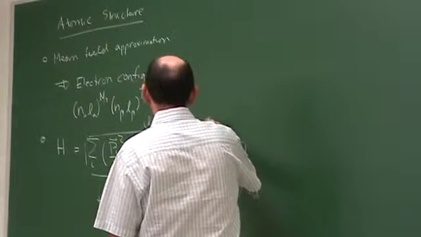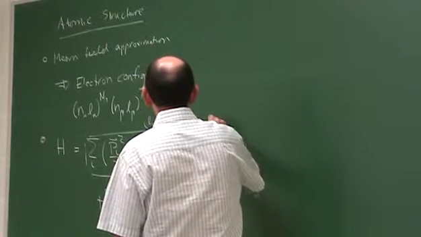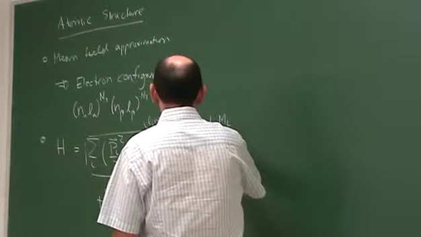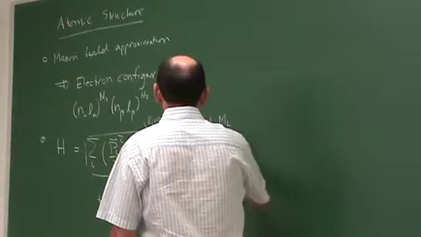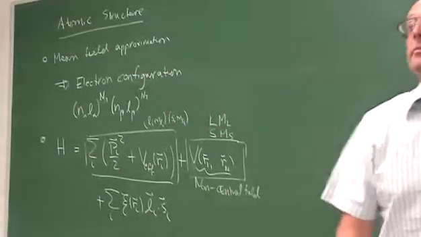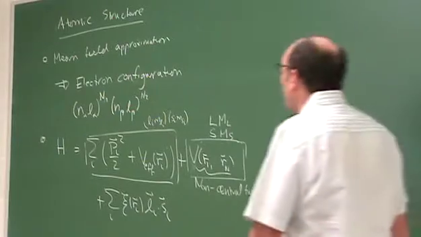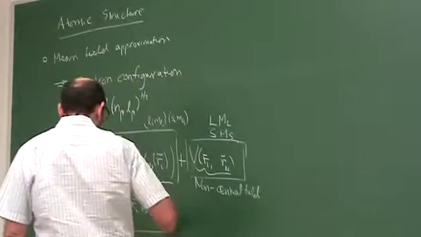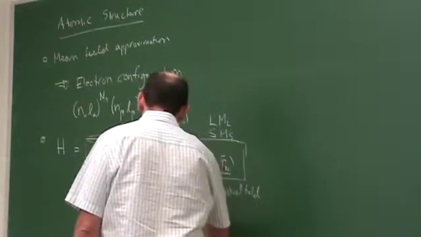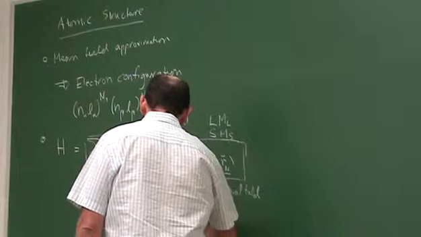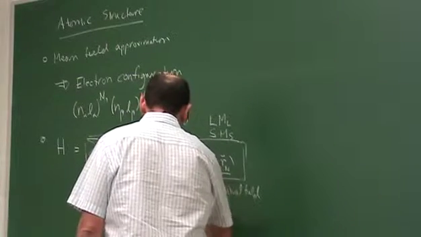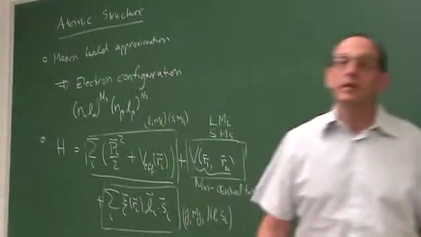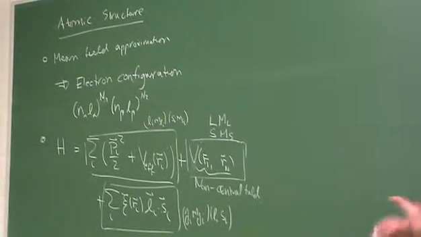So with this level of description, the good quantum numbers are L, M sub L, S, M sub S. And then if we thought about this as a perturbation, well, let me just say, in this system, the good quantum numbers are the J sub i's, M sub J sub i's, and L, S.